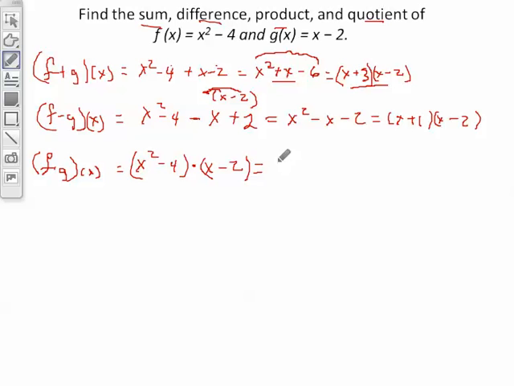It factors into x minus 2 times x plus 2, and then we've got also x minus 2, and I notice I've got two of those, and so my ultimate answer would be x minus 2 squared times x plus 2.